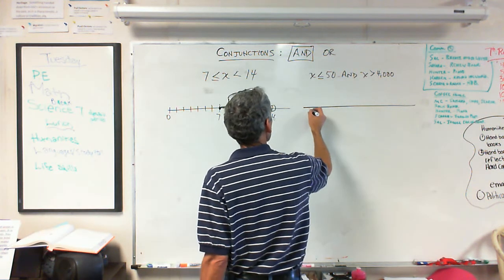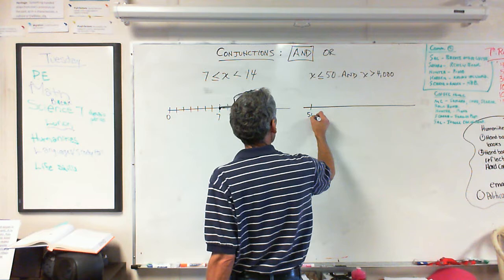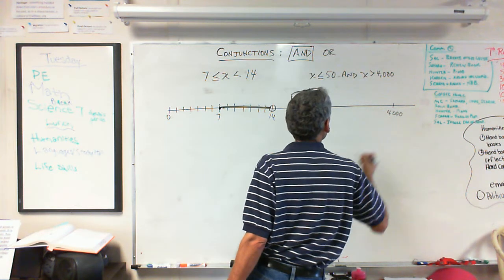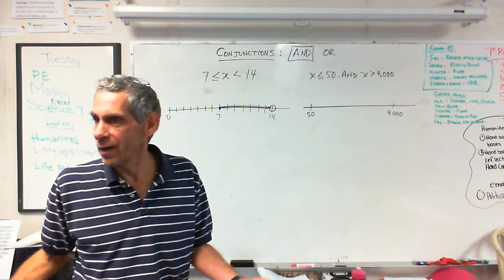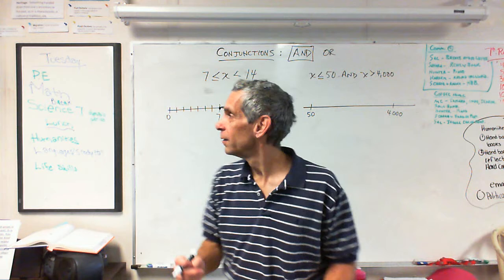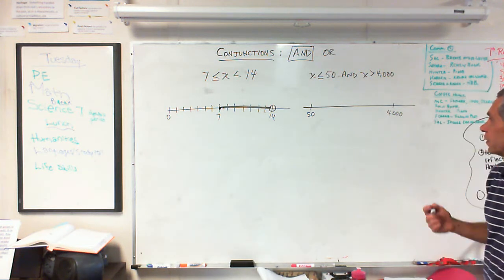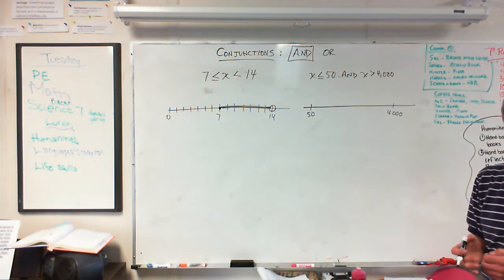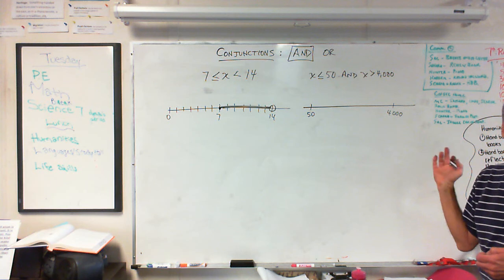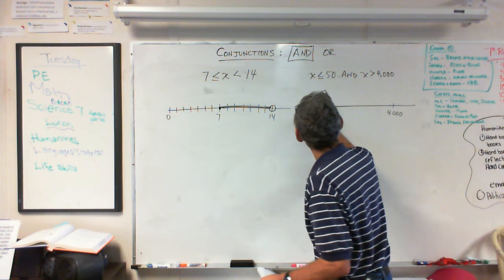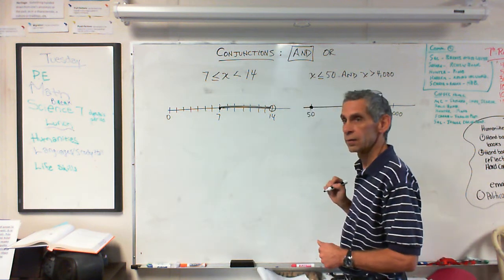So we're going to say this is 50, and this is 4,000. Okay? Now what? Amika, help me. I want to graph it. So you do a dot on the 50. Solid dot. And then a line.